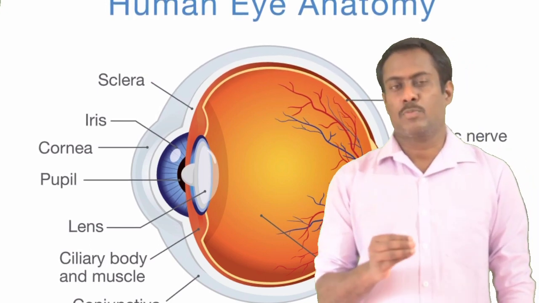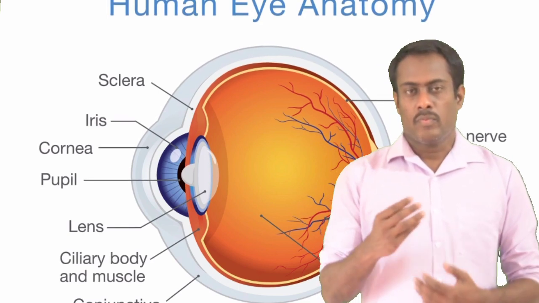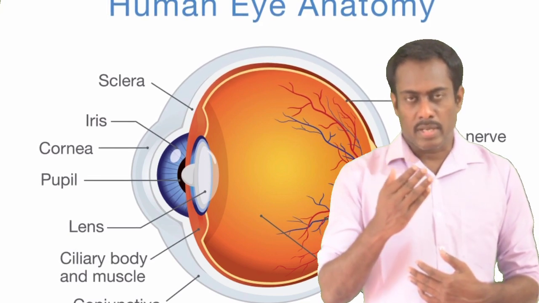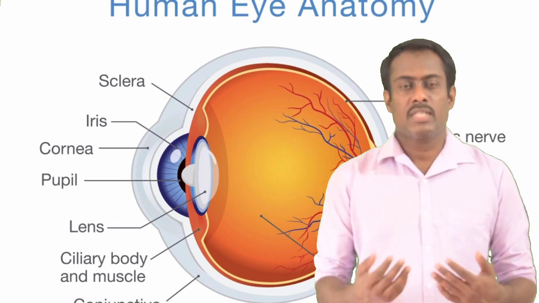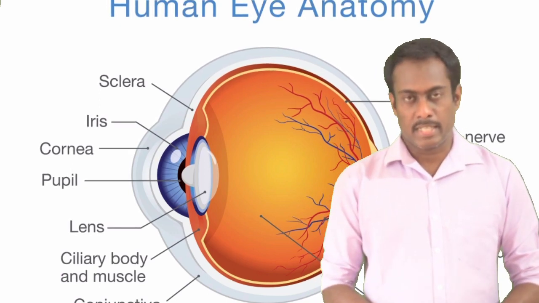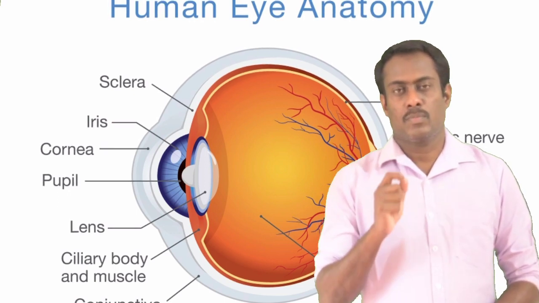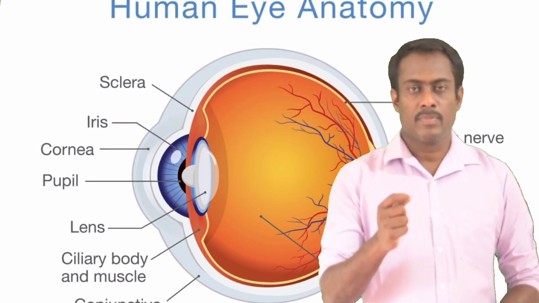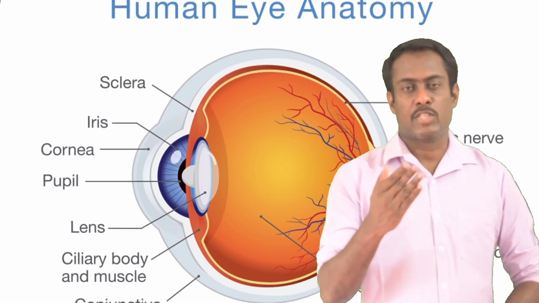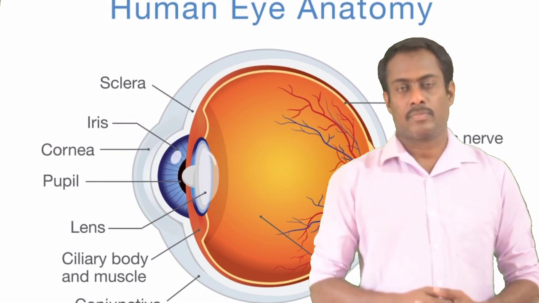We might also have experienced that when things are very close to our eyes, we are unable to distinguish the object clearly. That means the human eye can form an image only up to a certain distance.